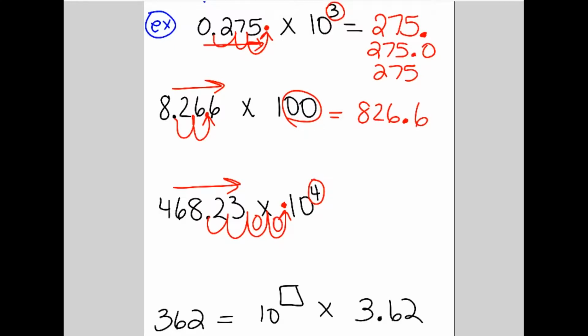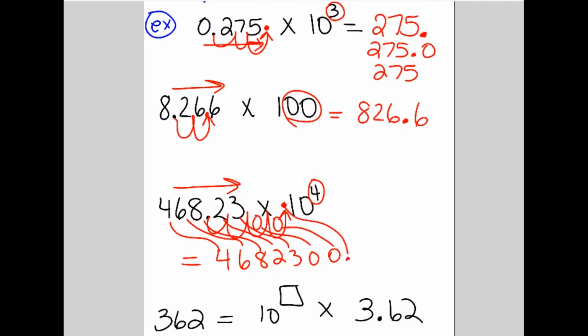Those are our placeholders. So let me finally write down my number. I would have 4. I'm bringing that 4 down. 6, 8, 2, 3, 0, and then the last 0. And then remember my decimal point. So this is what my number would look like.